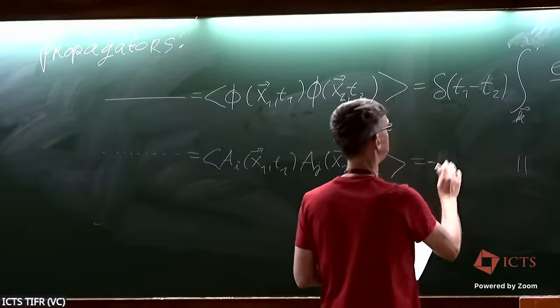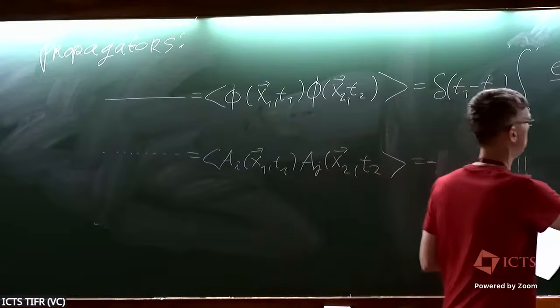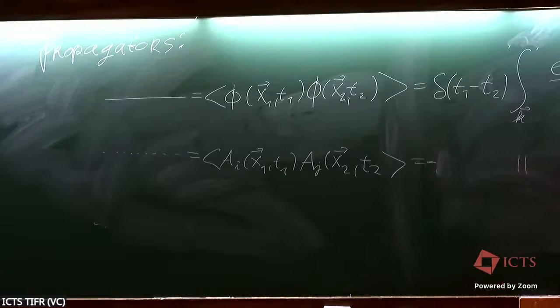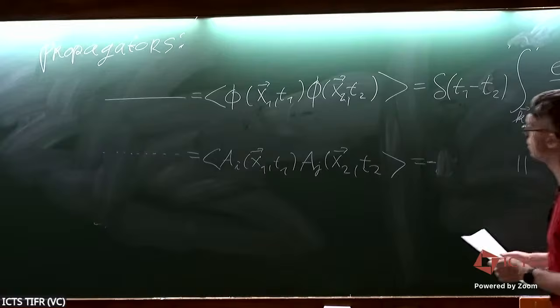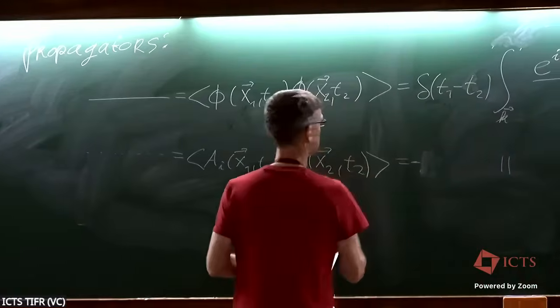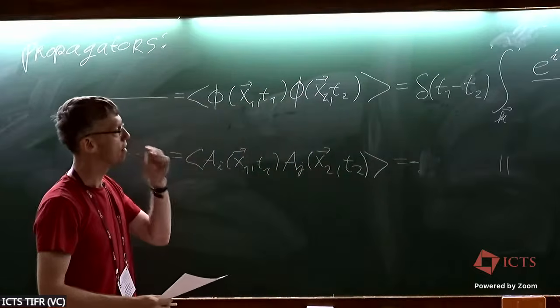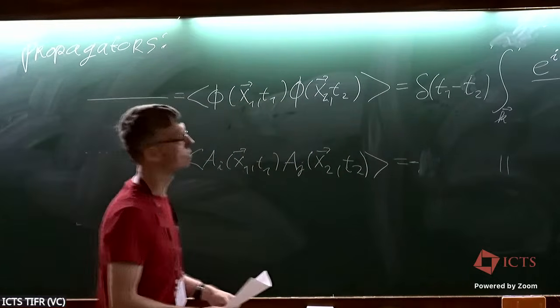Then all of this is the same, the delta, the integral. But then we have to multiply it by a delta ij, right? So that's the other propagator.